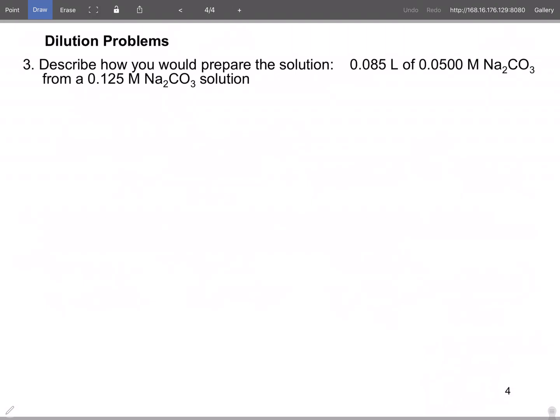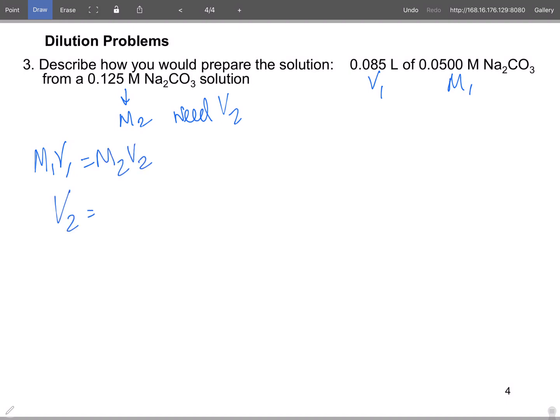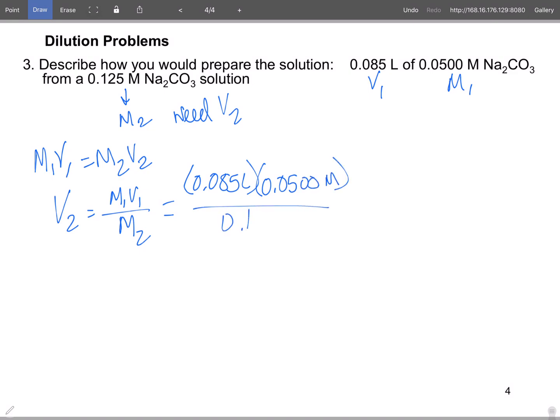Okay, so this is V1. This is M1. So this is M2. So what we need initially is V2. So M1V1 is equal to M2V2. So V2 is going to be equal to M1V1 over M2, which is equal to 0.085 liters times 0.0500 molar divided by 0.125 molar.